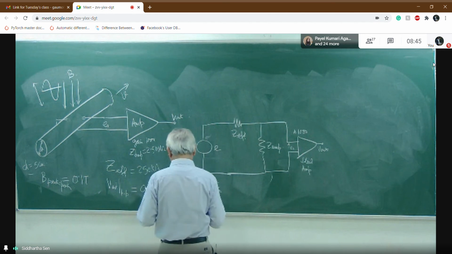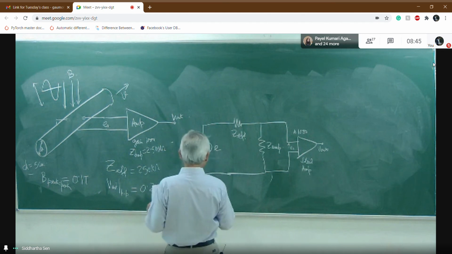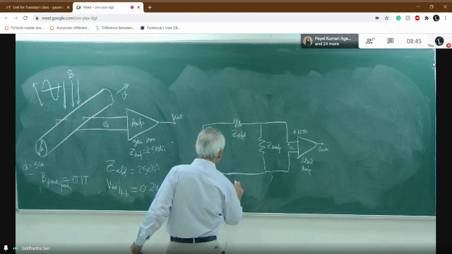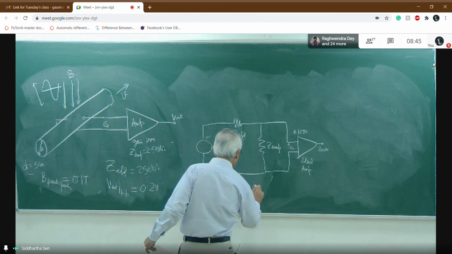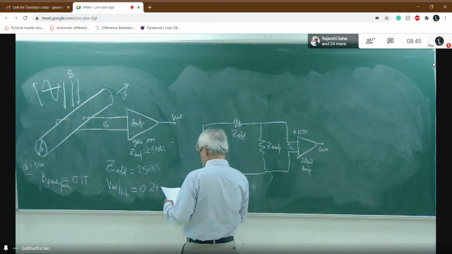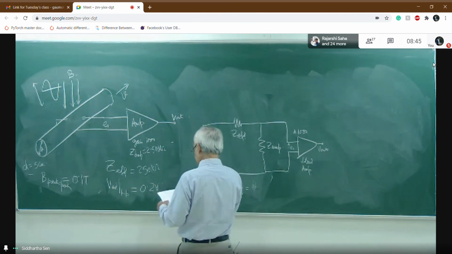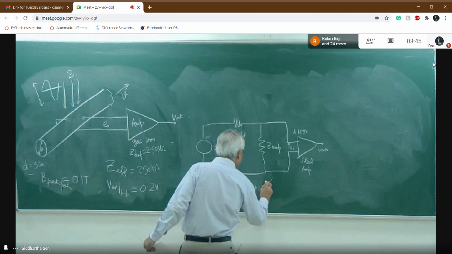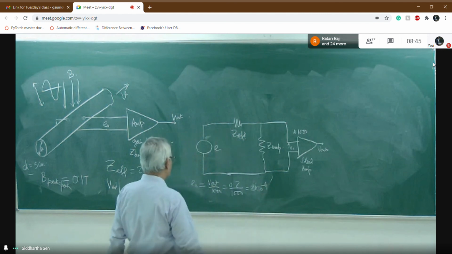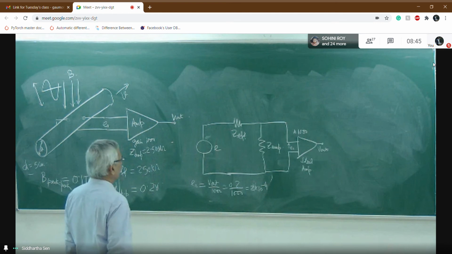So here it is 0.2 divided by 1000, which is equal to 2 into 10 to the power minus 4. So this is your E0.